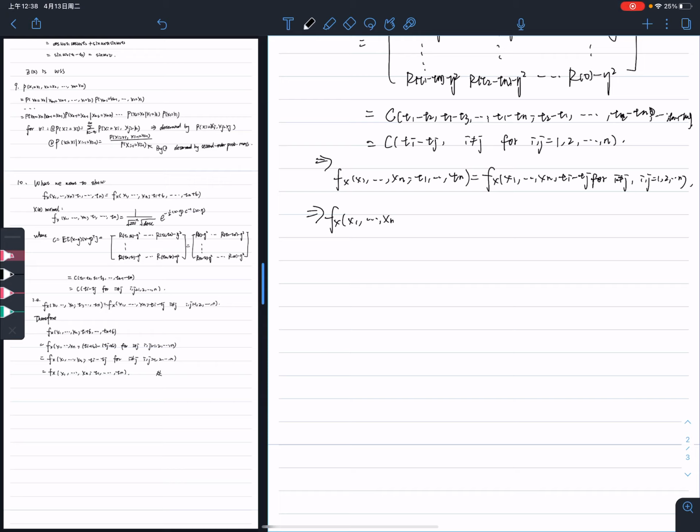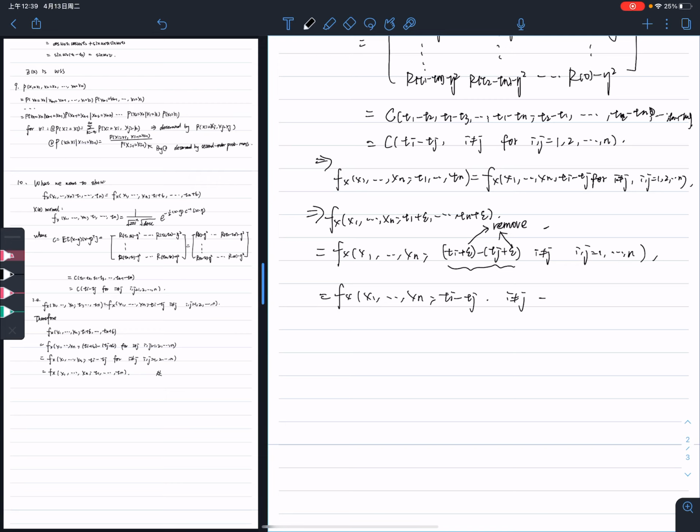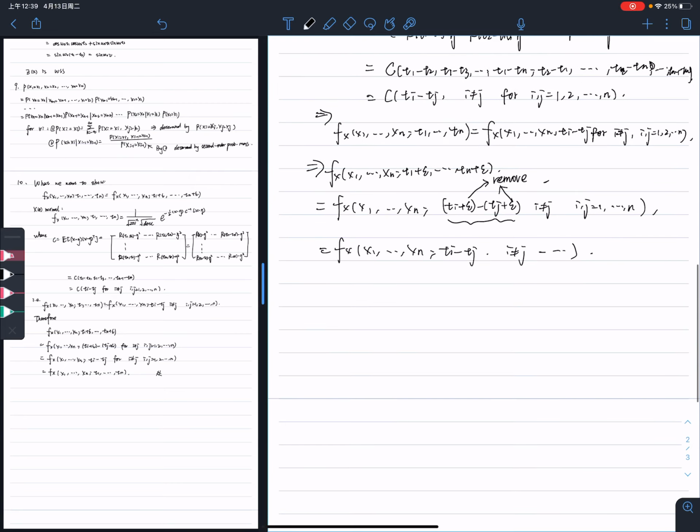So it should be equal to f(x1 to xn; ti minus tj), where i is not equal to j and i and j are arbitrarily chosen from 1 to n.